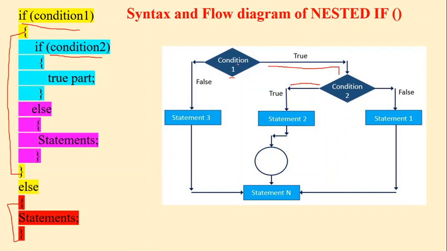If condition 1 is false, then it does not enter into the true part; it goes to the else part, that is the false part. It executes the statement 3 block and comes out of the if block. If condition 1 is true and condition 2 is false, then it executes the statement 1 part.